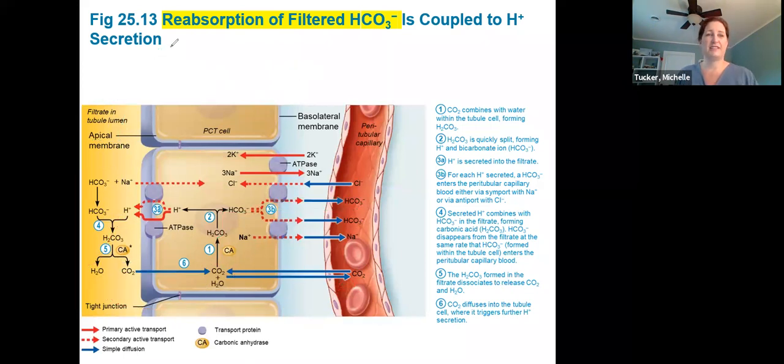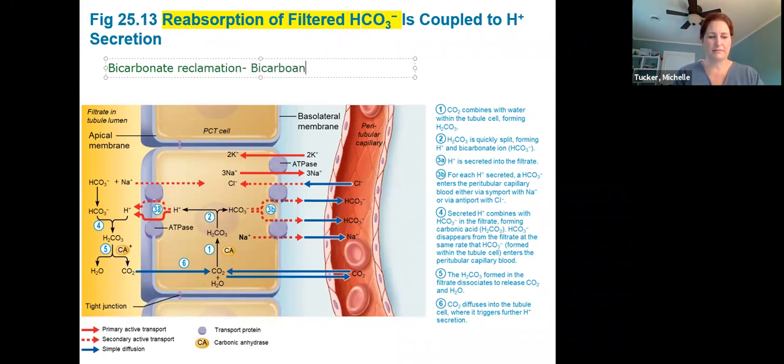So the question is, what do you need to know about this graphic? You need to be able to identify that the purpose of the process being displayed in this graphic is bicarbonate reclamation.